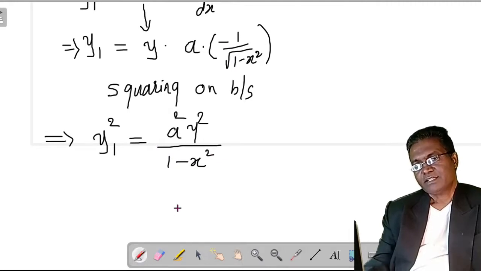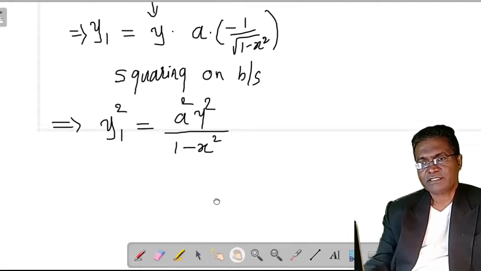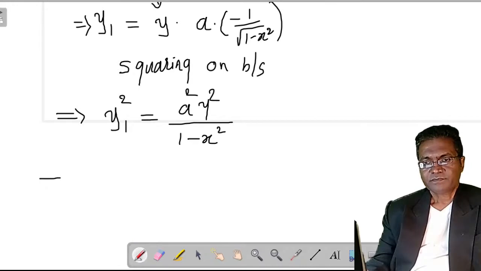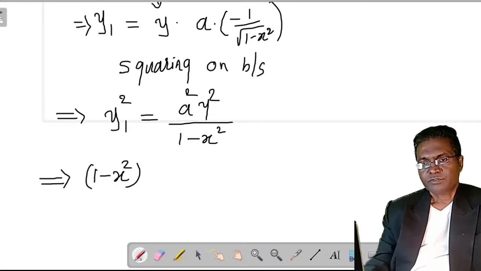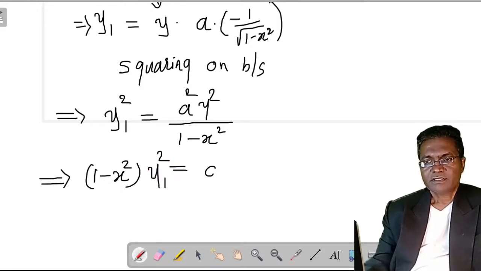Okay. Now you can transfer this side. 1 minus x square into y1 square equals a square y square.